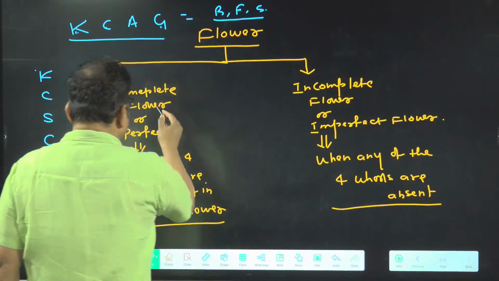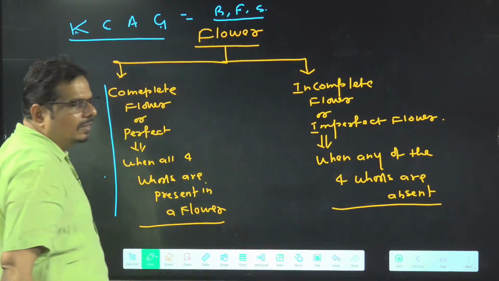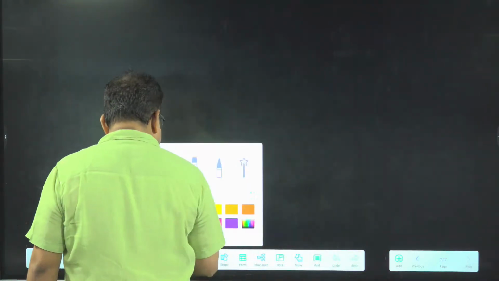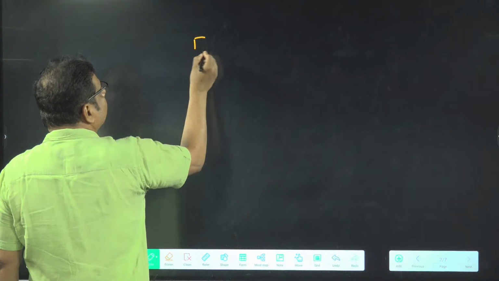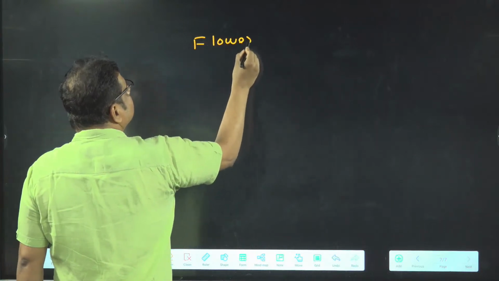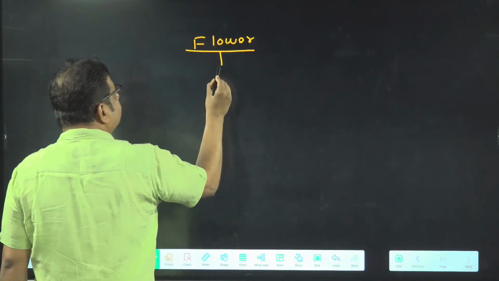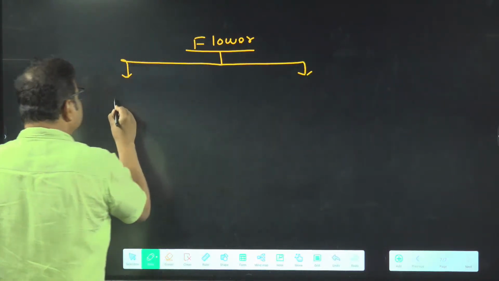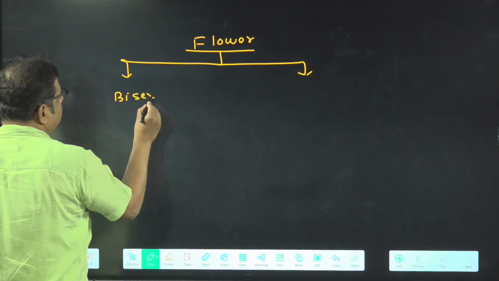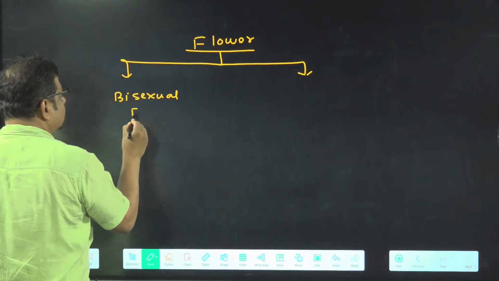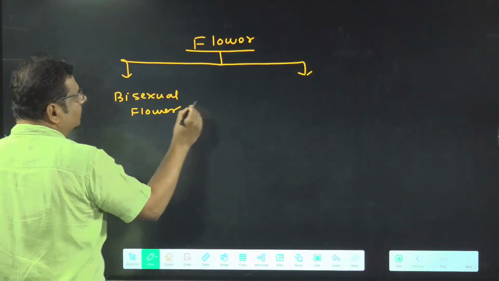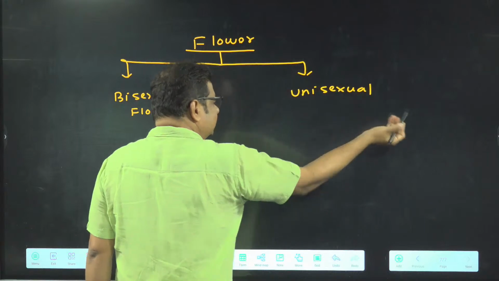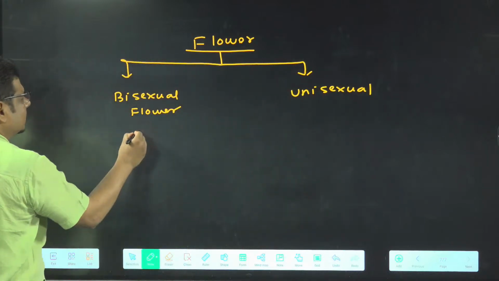So complete flower and incomplete flower. Okay, so now we are moving ahead. Now further we are classifying the flower into two categories based on the sex organ. One is bisexual flower. Another is unisexual flower. It is damn easy. Everyone knows bisexual flower: what happens?